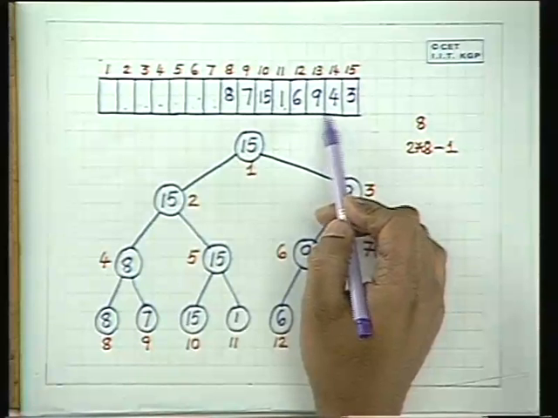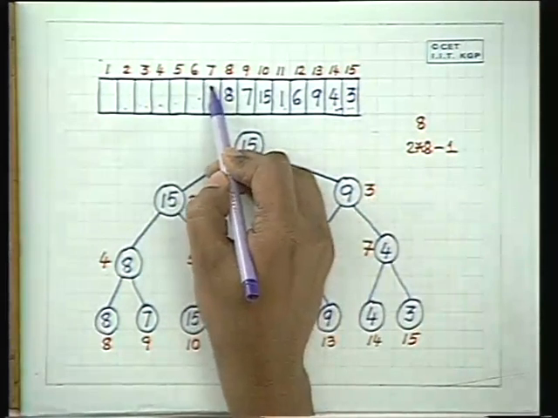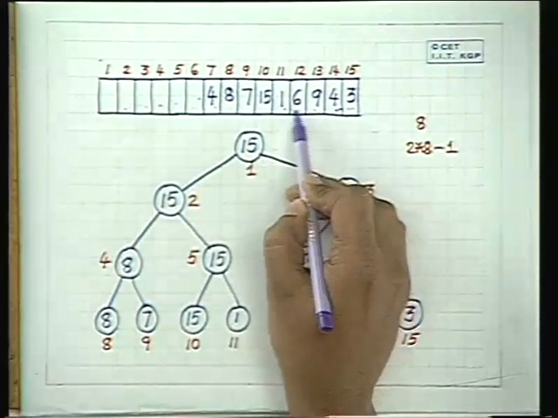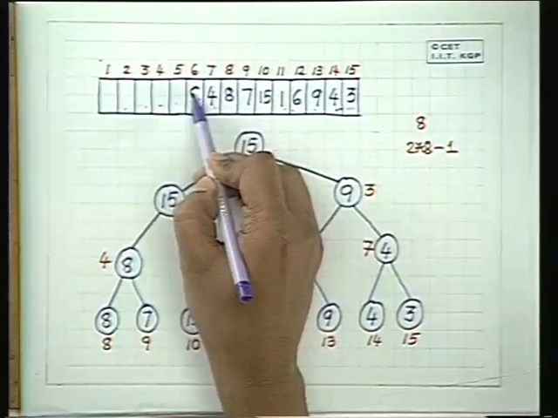A much easier way of doing the whole thing is if you start backwards. You compare these two and put the larger here. Compare these two and put the larger here.